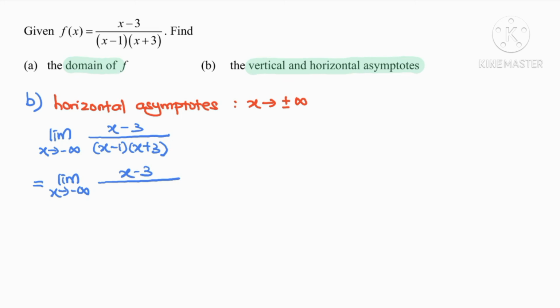Now let us expand the denominator. We have x squared plus 2x minus 3. Now the highest power of x in the denominator would be x squared.